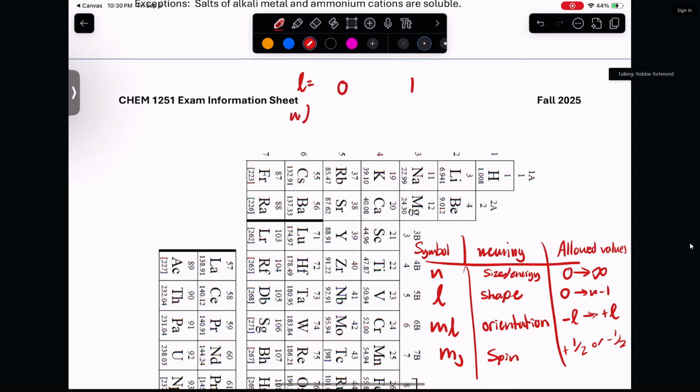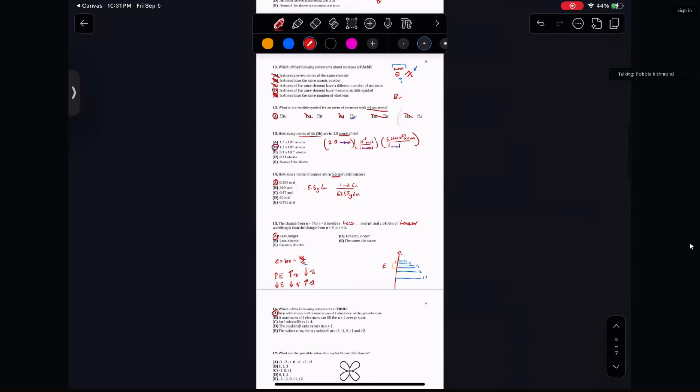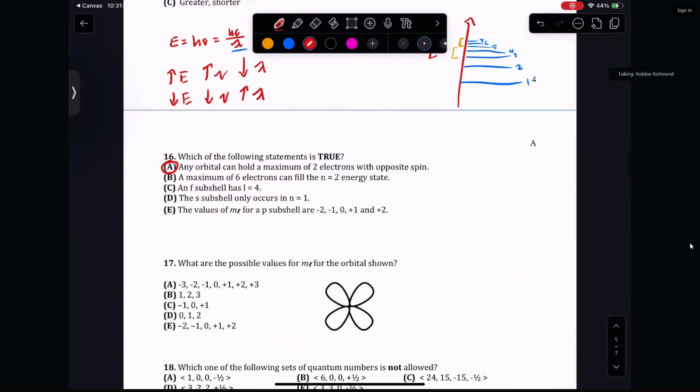And ml of that is going to be positive to negative L. So 0, and this will be negative 1, 0, and positive 1. And within each orientation of ml, they can fit an electron of upspin and downspin, or positive 1/2 and negative 1/2. So this is 2. This also has upspin, downspin, upspin, downspin, upspin, and downspin. So in total, we have 8 electrons. Answer choice B says 6, so that is incorrect.